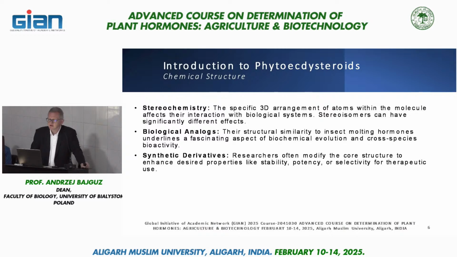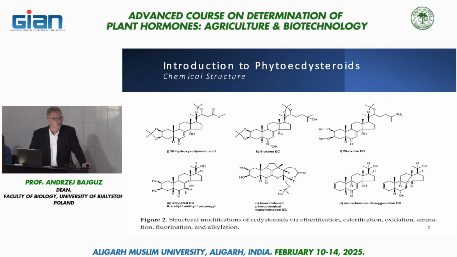Essentially, when an insect consumes phytohormones, its hormonal regulation is disturbed, often leading to developmental failure or death. The figure presents the structural modification of ecdysteroids via esterification, oxidation, amination, and other processes, typical of metabolism and degradation, not only in insects but also in many plants.